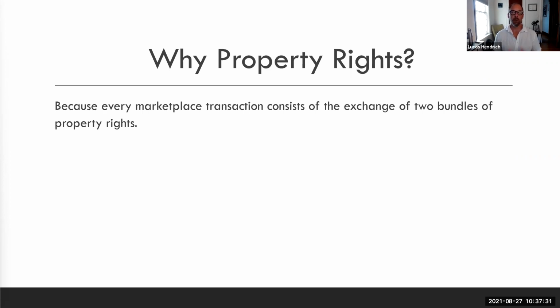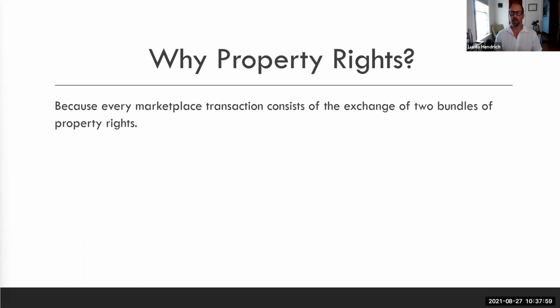So why property rights? Why is this important? Harold Demsetz, in what I've read about him and in his work, often takes a concept that maybe we take for granted and explains its emergence, always with the backdrop of the market as the motor for the emergence of different phenomena.